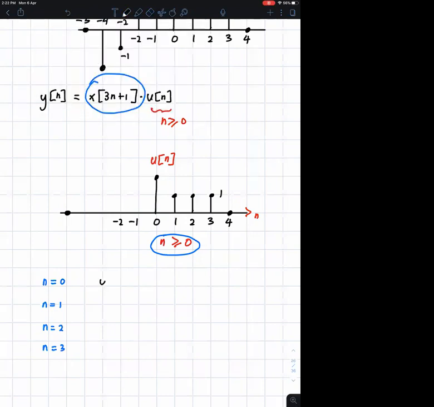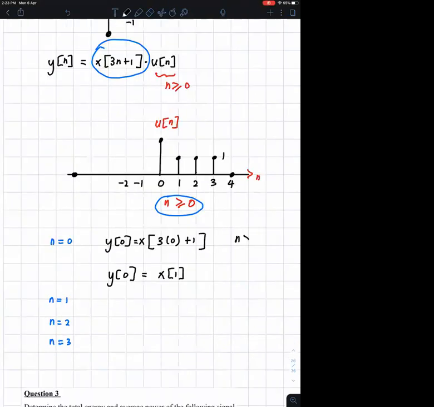So when n equals 0, y[0] is x[3 times 0 plus 1]. I'm just plugging into the equation. The signal is greater than or equal to 0, okay? So at y[0], x[1]. If you come and look here, at 1, what is the amplitude of the signal?